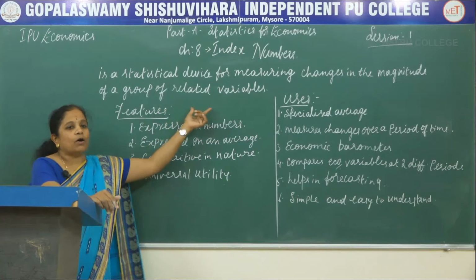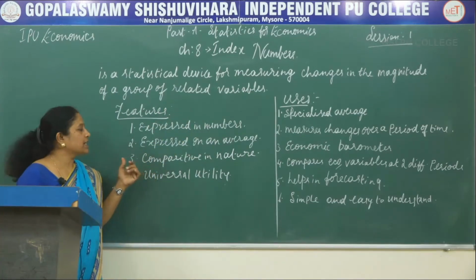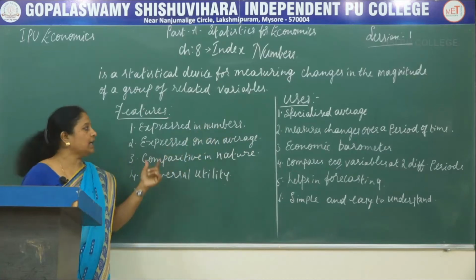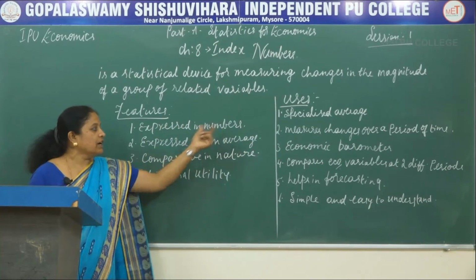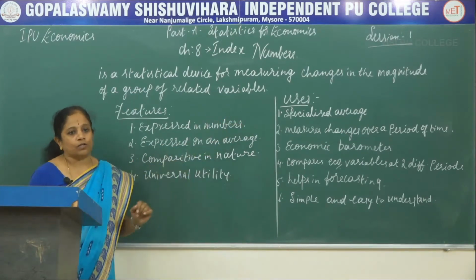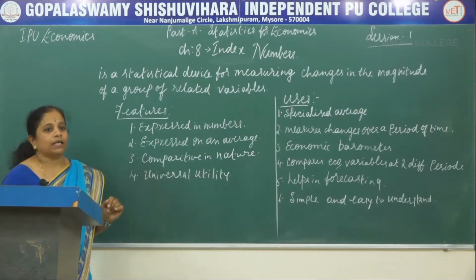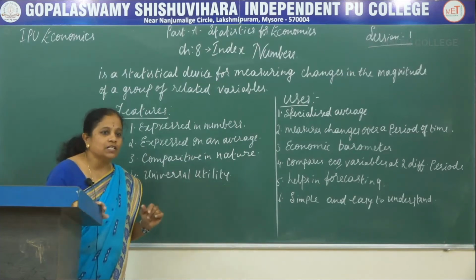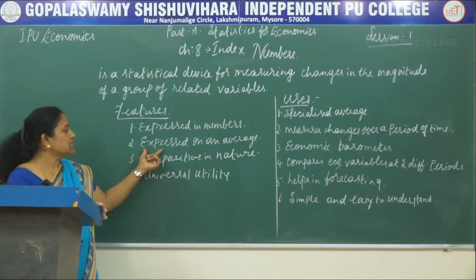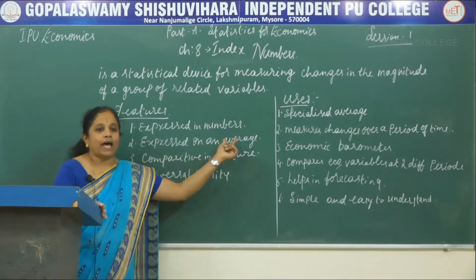So, let us see the features of index numbers. The first feature is that it is expressed in numbers, and it is expressed in percentage also. Every index number is expressed in percentages only and it is numerical. The second one is that it is expressed as an average.